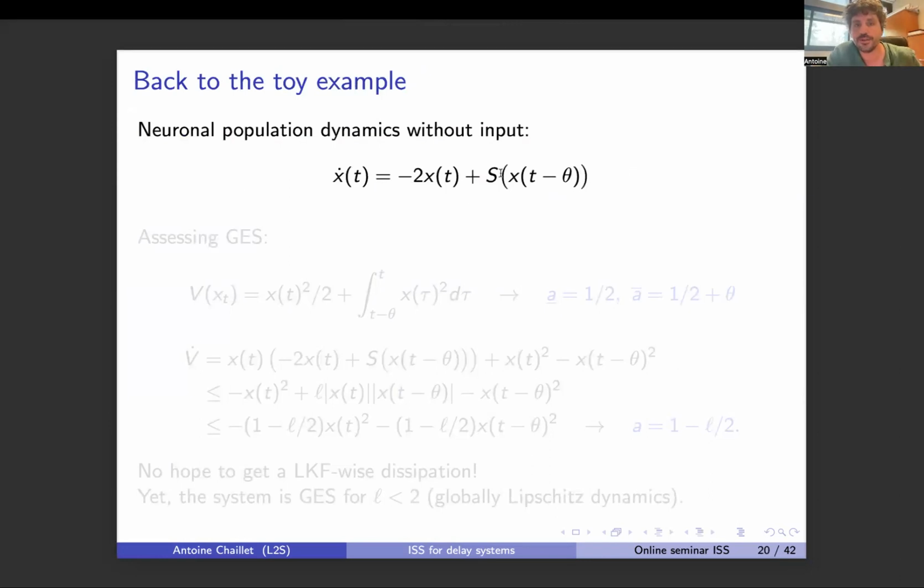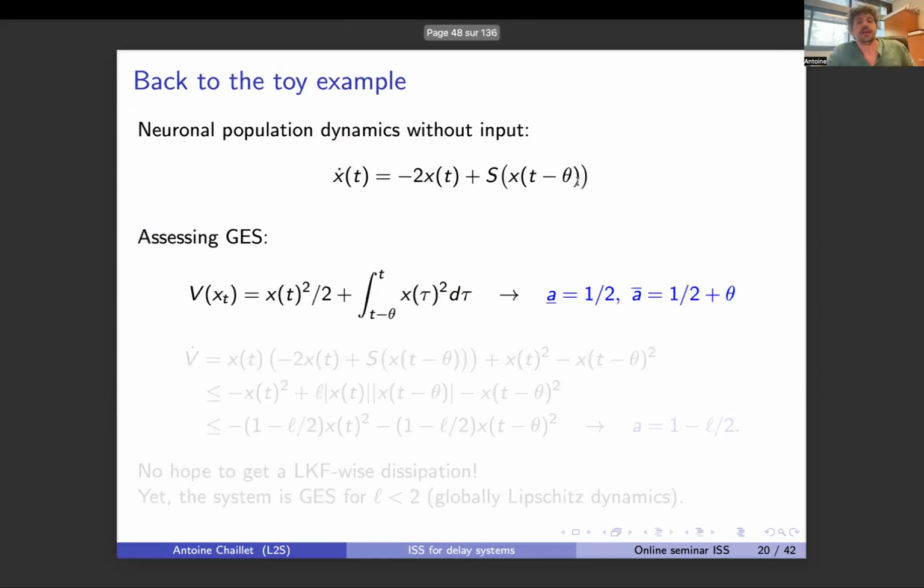So I have no input here. When there is no input, it boils down to this system. And I take this as a Lyapunov function. So V of xt is just a non-delayed quadratic value, plus the integral over the delay interval of a quadratic function of the state.